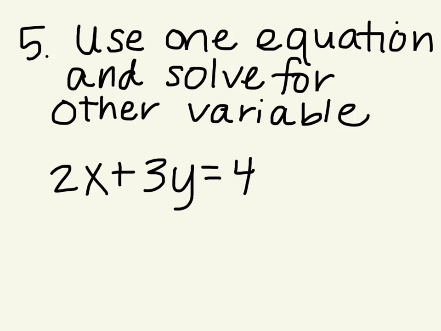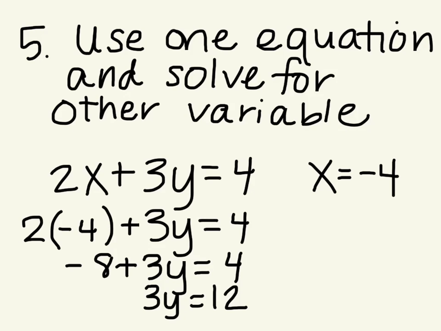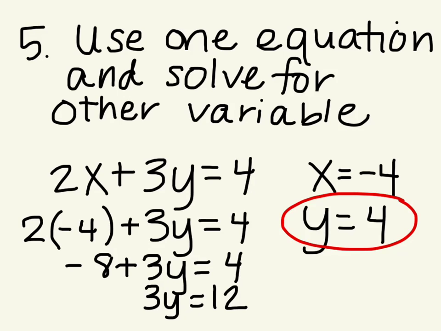And I know that x equals -4. So what I'm going to do is plug in -4 for x. And now I'm going to solve for y. My y value is +4.